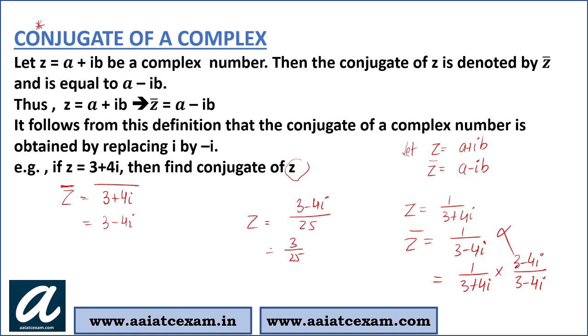You can do this multiplication here, students. Now your question is in the standard form, a plus iota b. Now in order to calculate the complex conjugate, the answer is 3 by 25 plus 4 by 25 iota. I am just changing the sign of the imaginary part. It was negative here, so I am writing positive.